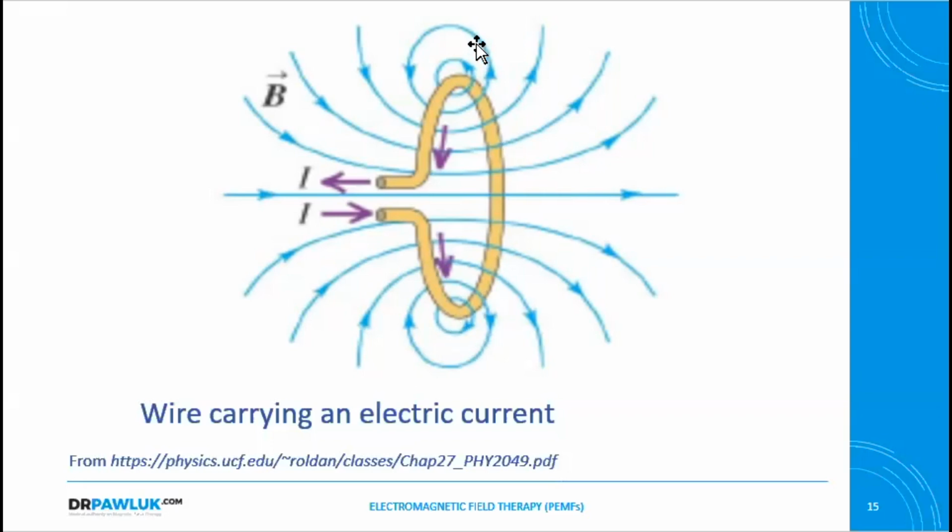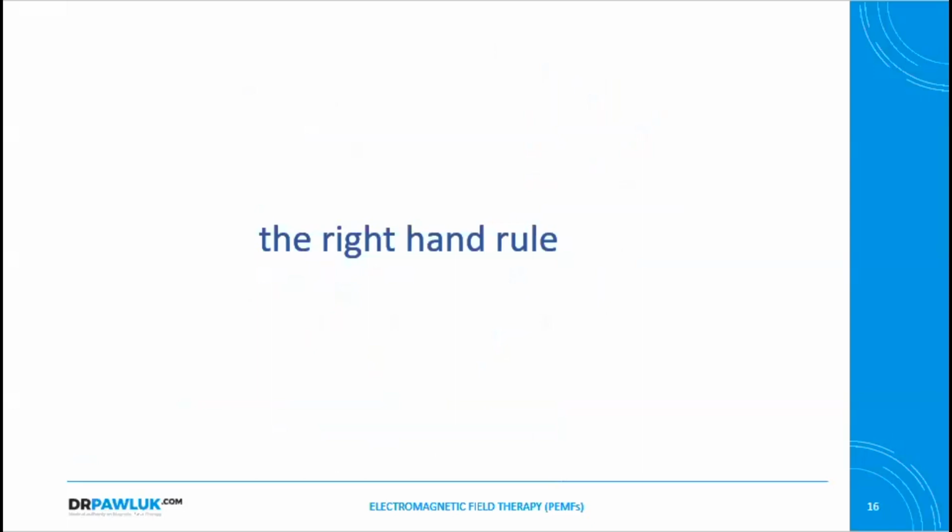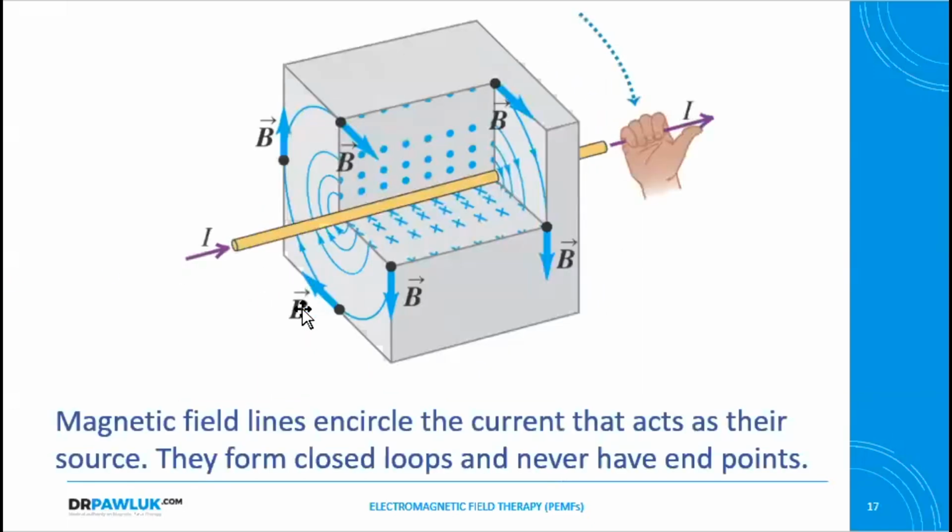As current flows through the wire, a magnetic field is generated. This magnetic field is generated according to the right-hand rule. So basically, with a right-hand rule, the magnetic field lines encircle the wire. If you take the right hand and put it over a wire conducting current, even a shielded wire conducting current, the current is flowing in the direction of the thumb, and the fingers wrap around the wire.